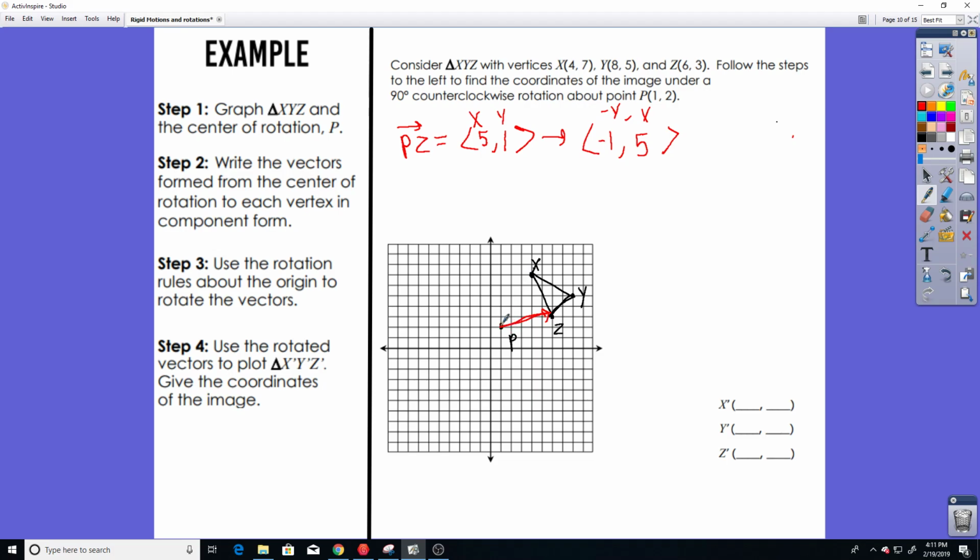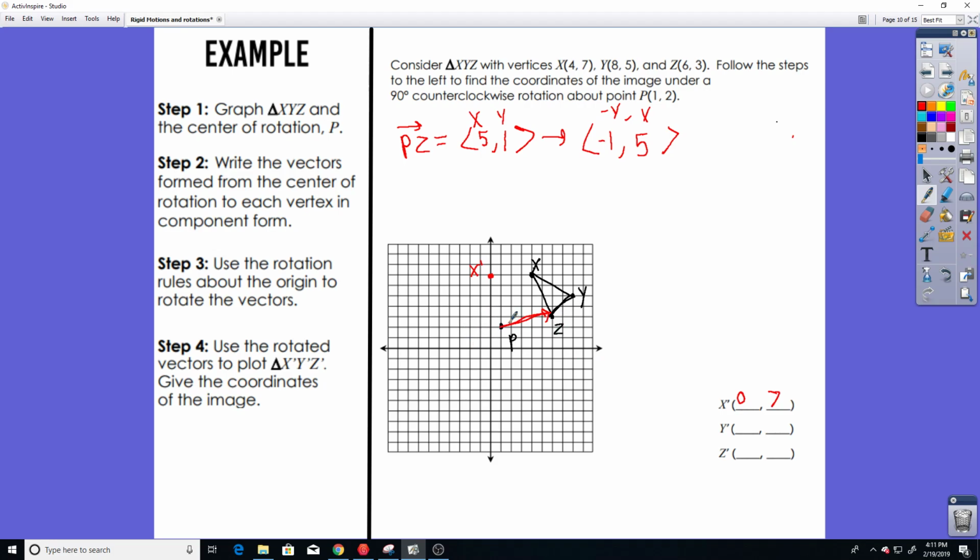It means from the point P, I'm going to go to the left 1, and up 5. And that's going to be my X prime. What point is that? That is (0, 7). That's my new rotated point.